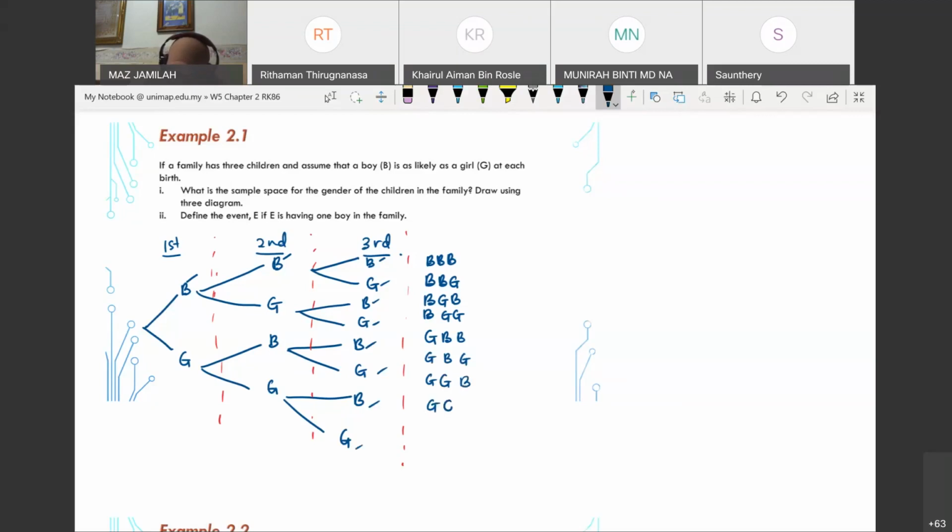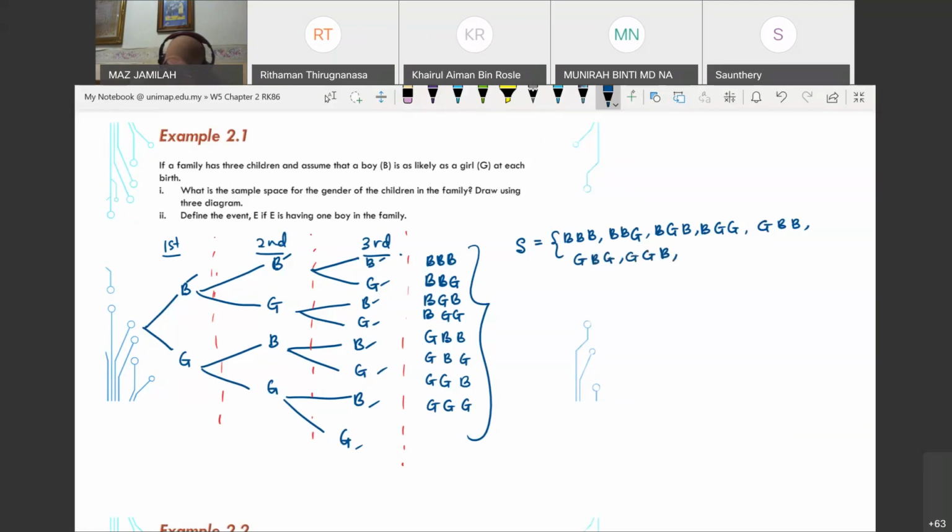And girl, girl, girl. So from this, we can list out our sample space: BBB, BBG, BGB, BGG, GBB, GBG, GGB, GGG. How many sample spaces do we have? 8. Okay, so this is your sample space of 3 children in a family.